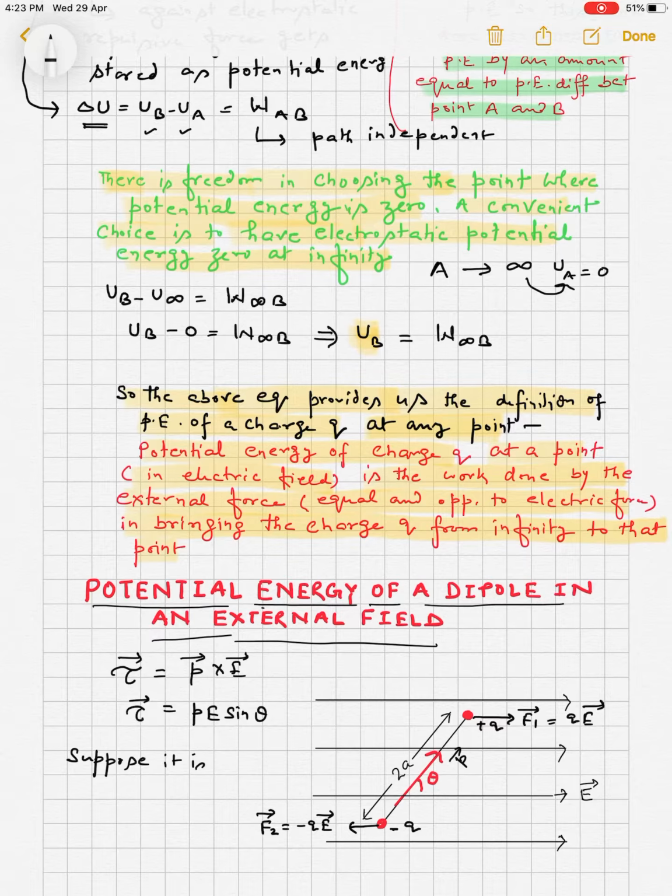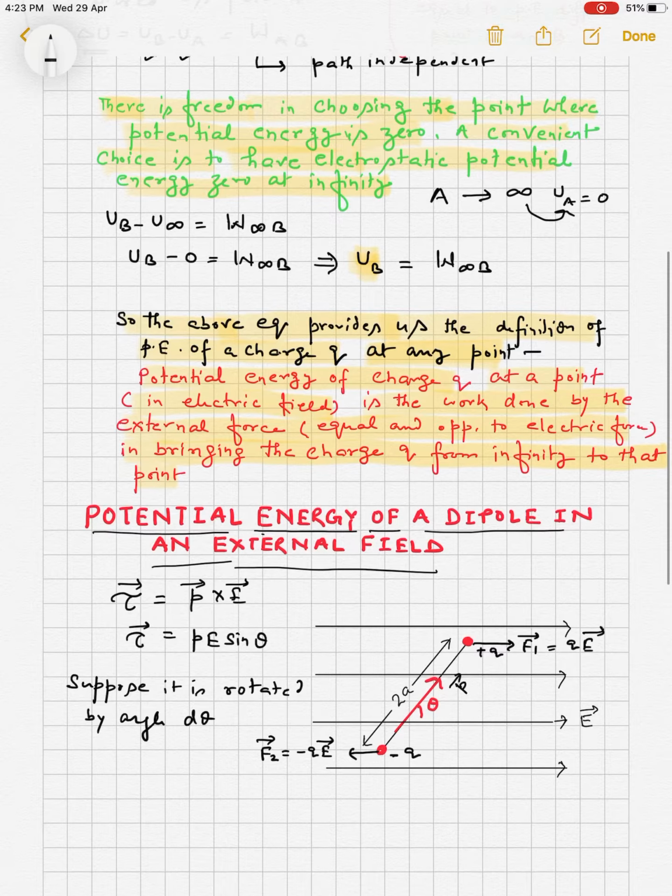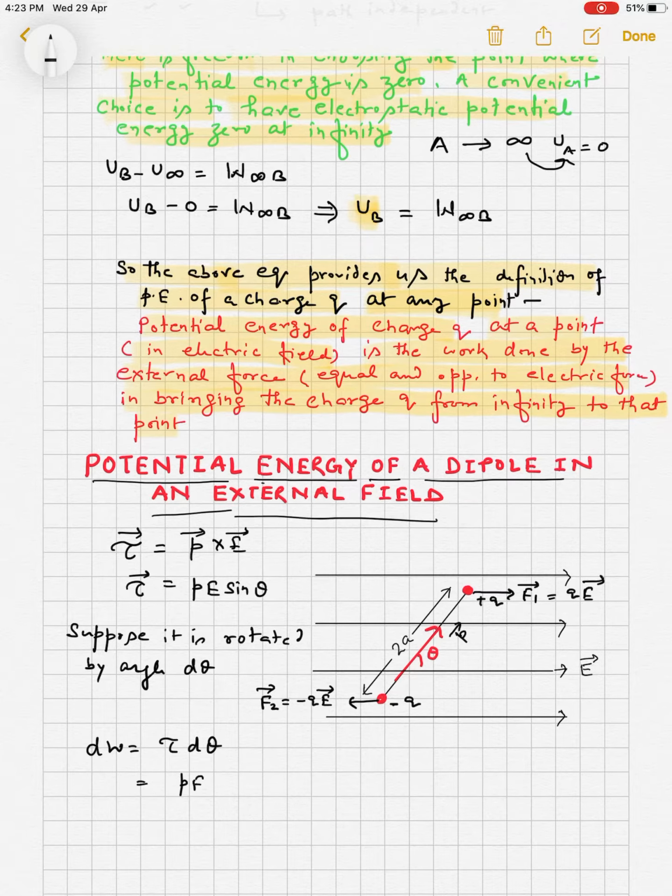So the work done dW is equal to tau d theta. So tau is PE sine theta, so dW is PE sine theta d theta. Here this torque is the external torque.